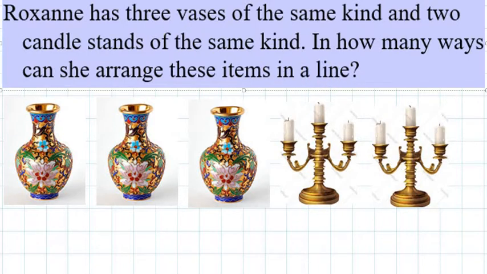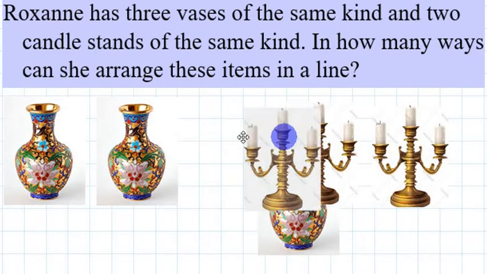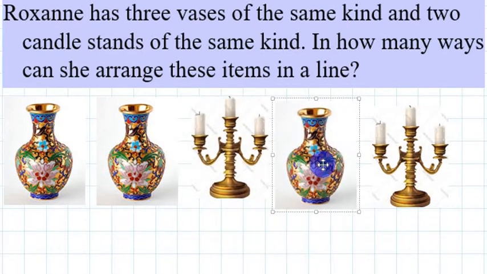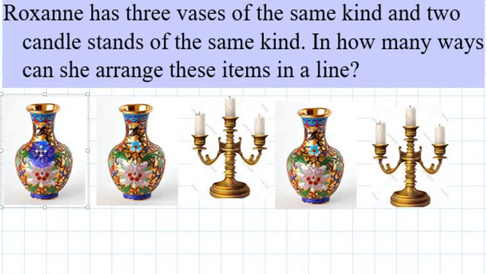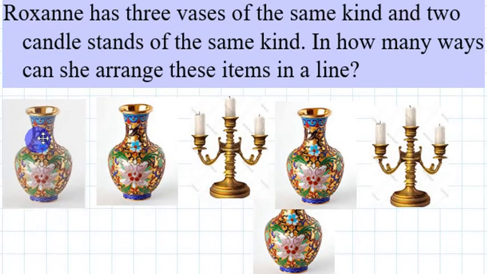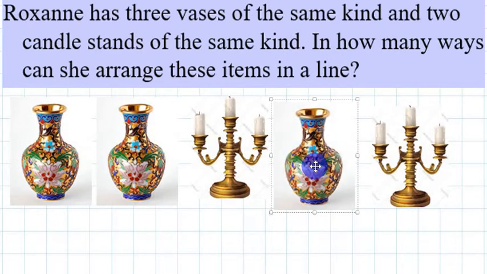So, one arrangement that we can say is that we have the candle stand here, and then this one. So we know that this is one change. Now, if I am going to interchange this vase with this one, is the change obvious?